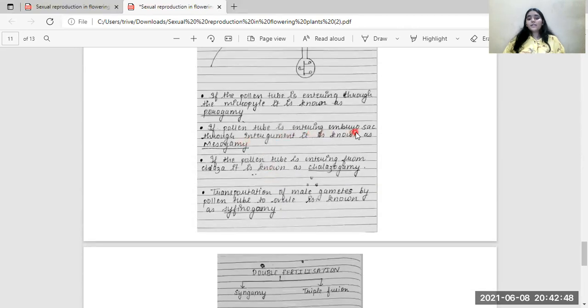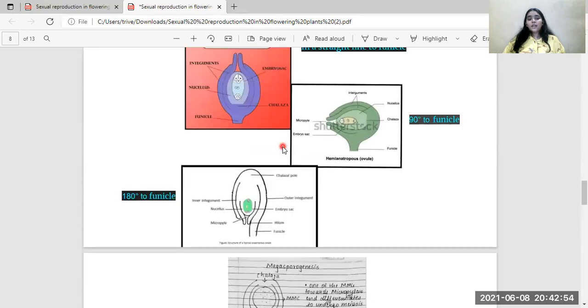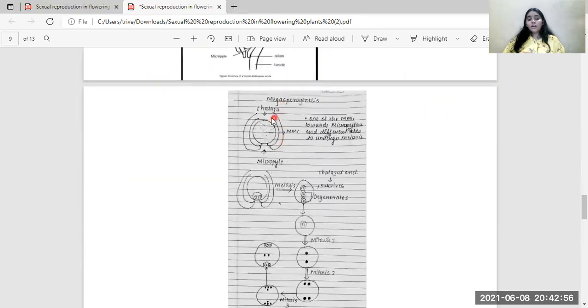If the pollen tube enters the embryo sac through the integument, it is known as mesogamy. Here is the integument. It passes through the integument, then it is known as mesogamy.